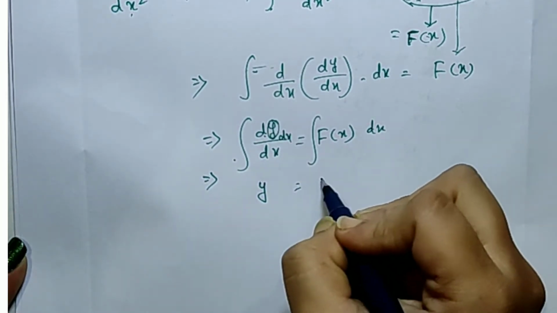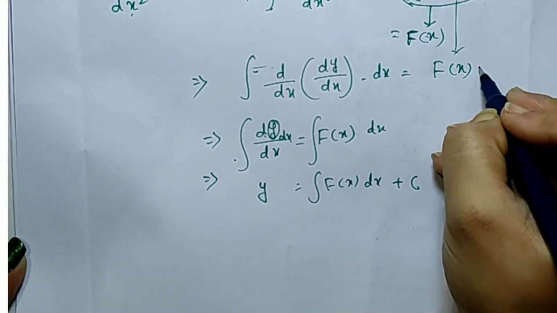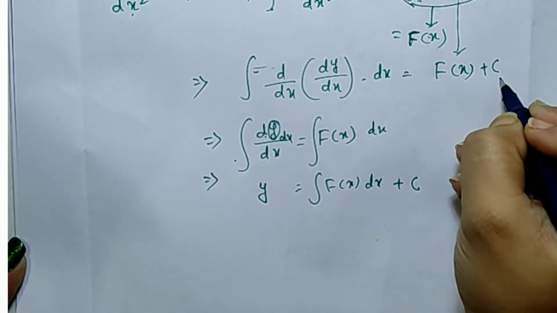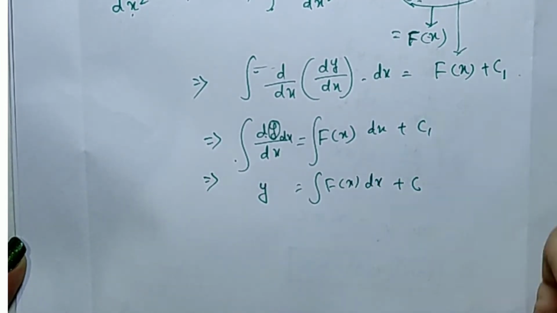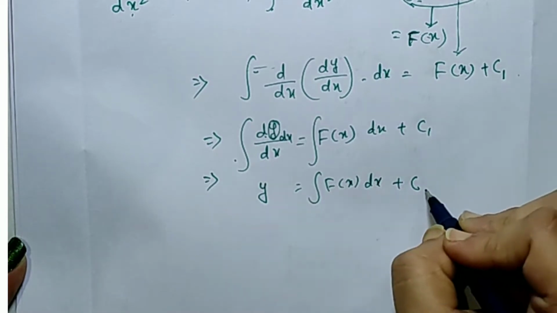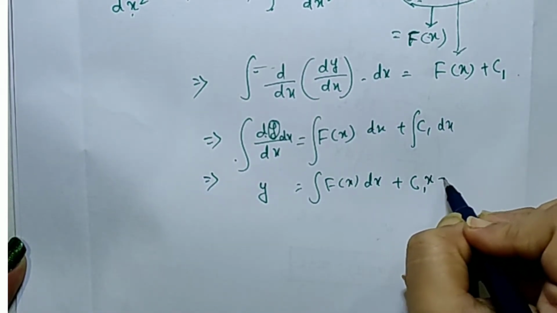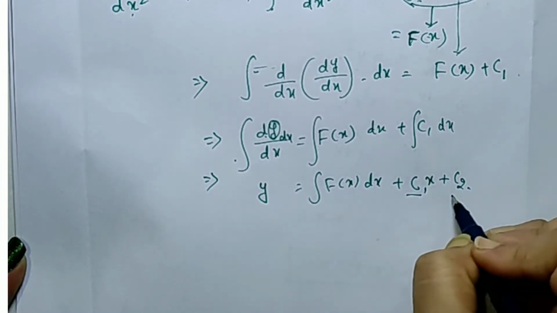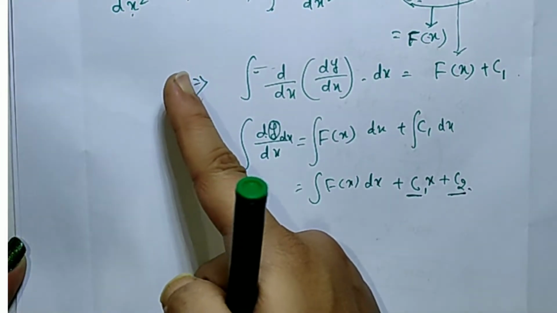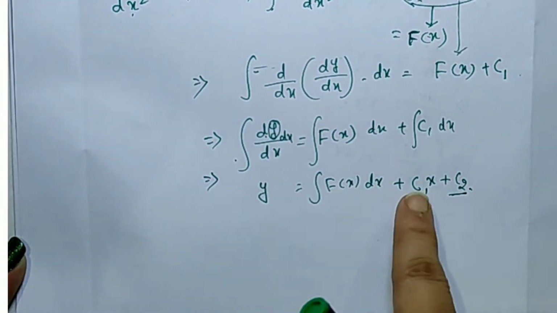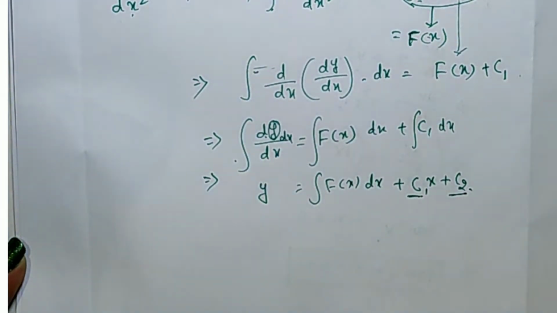y is equal to the integration of F(x) dx, plus the integration of the constant c1. Suppose the integration constant is c1, then we have to integrate c1 also, so we get c1x plus c2, two arbitrary constants. If we integrate a second order differential equation, we will have two arbitrary constants. Just remember the formation.